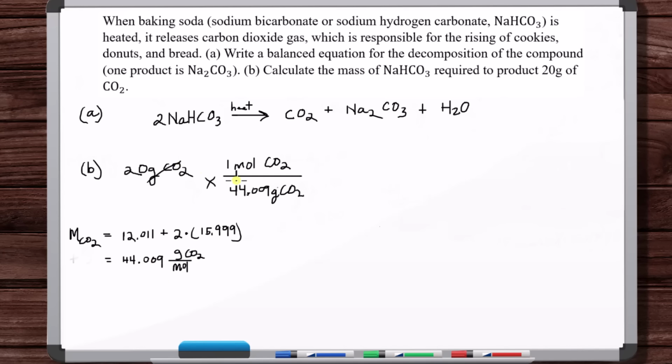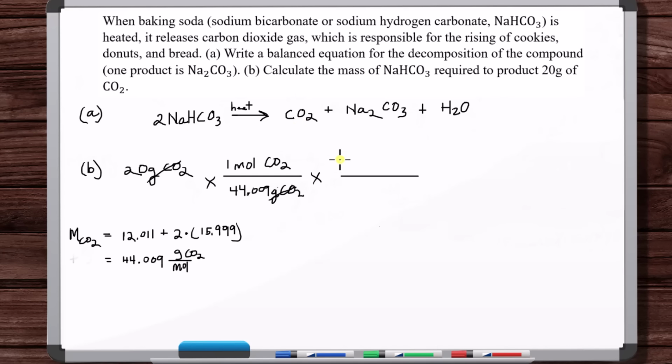So these cancel out, and now if we just stopped here and did this multiplication, we would have the number of moles of CO2 corresponding to this 20 grams. But that's not what we're looking for. We're trying to get the mass of NaHCO3. If 20 grams of CO2 are produced, how is that related to this?